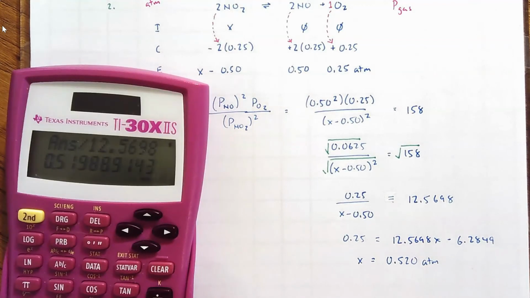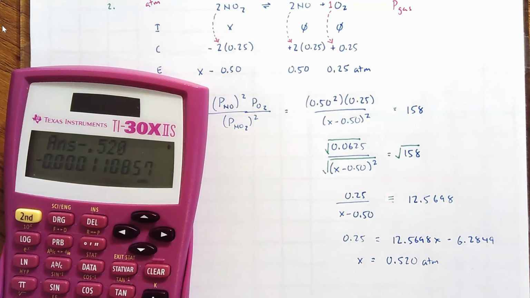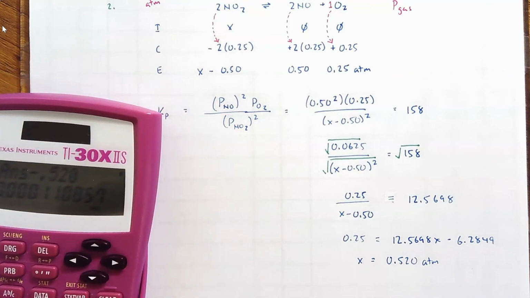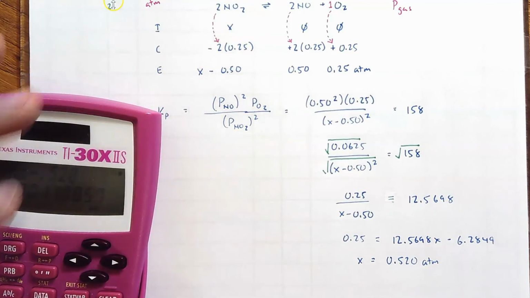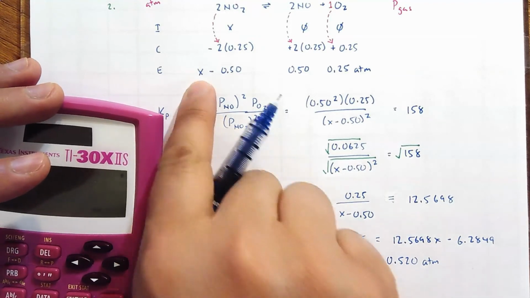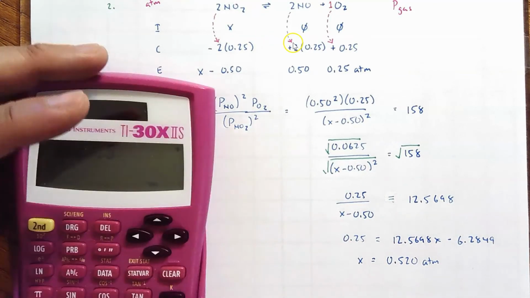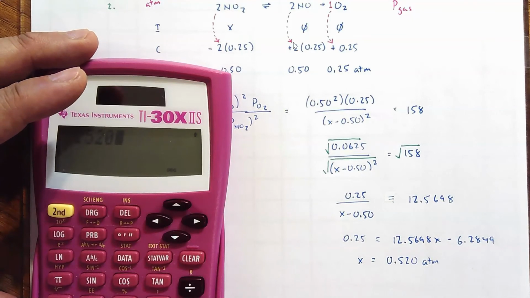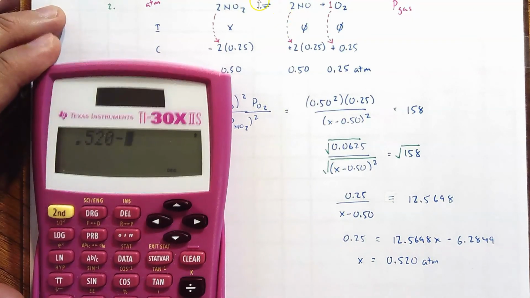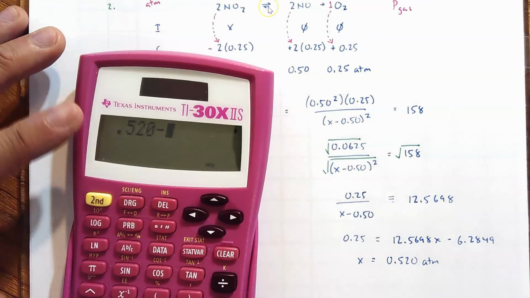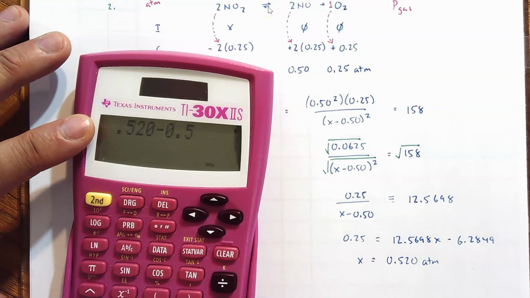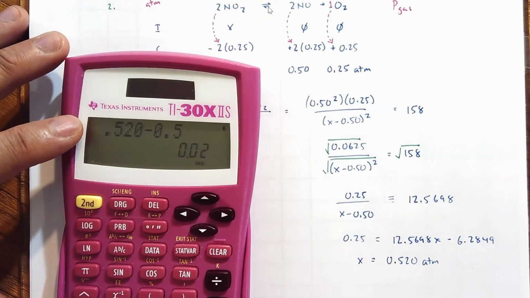This is good news, because I freaked out a little bit there. x is 0.520 minus 0.5. So we don't have a lot of it actually left over.